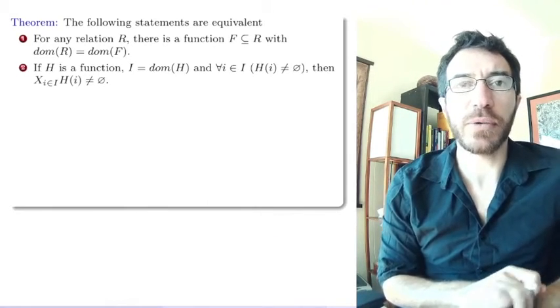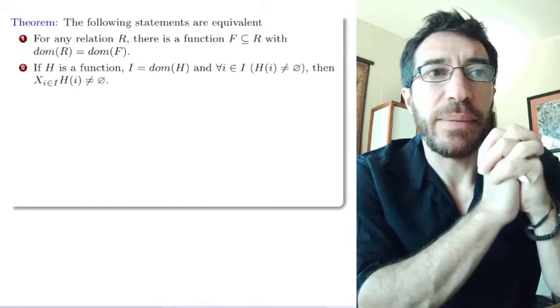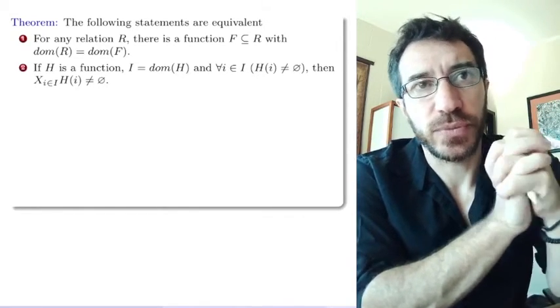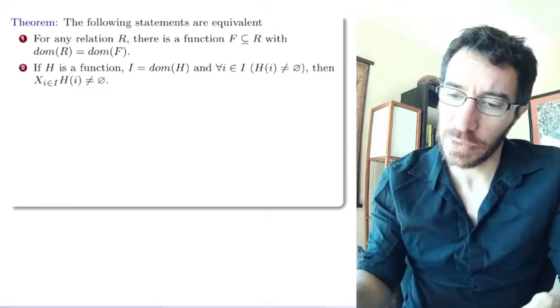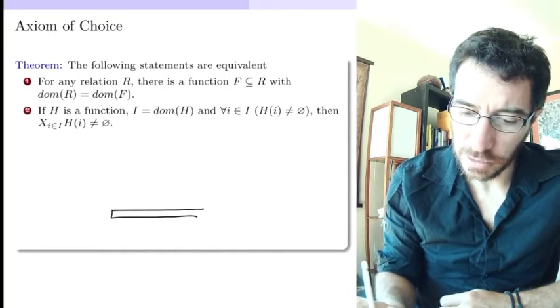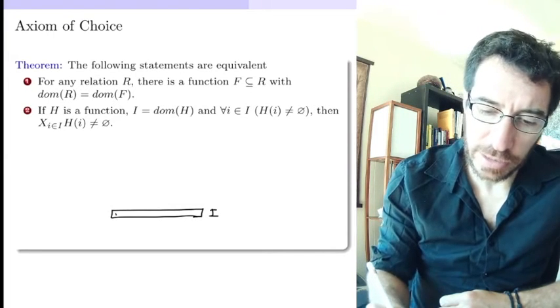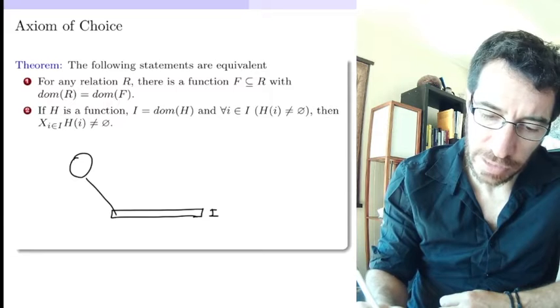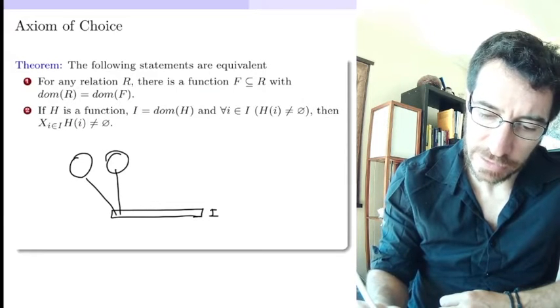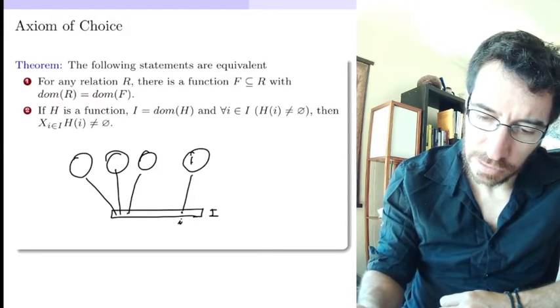Form 2 is the one that we saw also before about infinite Cartesian products. So let's rewrite this. You're given your set I of indices, and for each element of I we have a set. So if this one is i, then here is h of i.